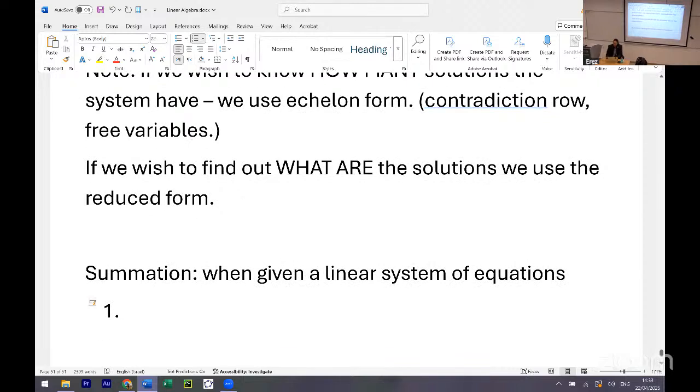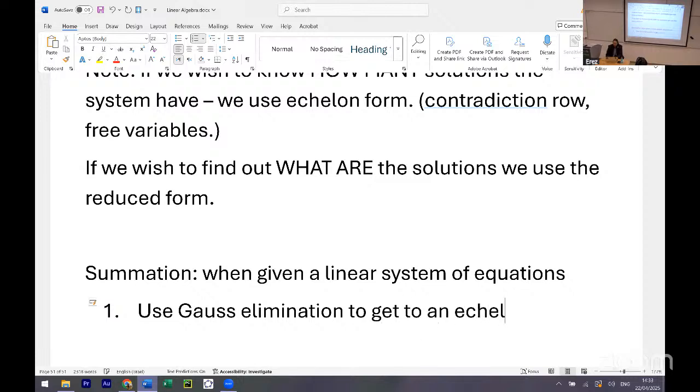One, use Gauss elimination to get to an echelon form of the matrix.